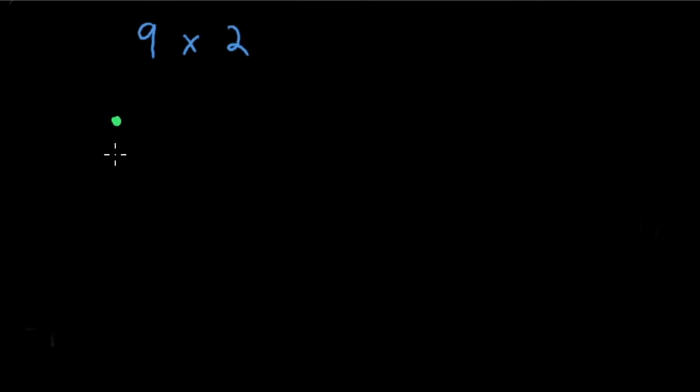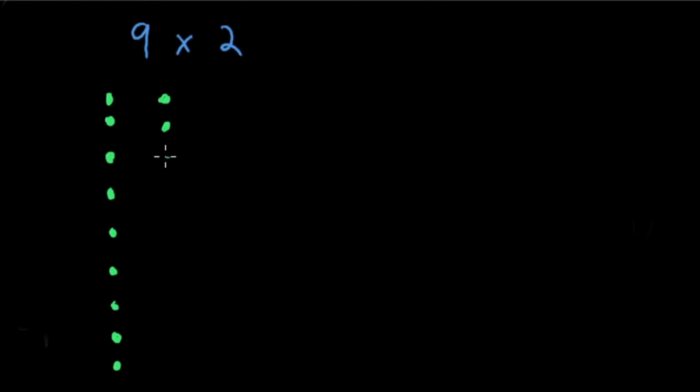I need to have a group that has 9 in it. That's 1, 2, 3, 4, 5, 6, 7, 8, and I can put 9 right there. So 1, 2, 3, 4, 5, 6, 7, 8, 9. Don't want to make a mistake there.